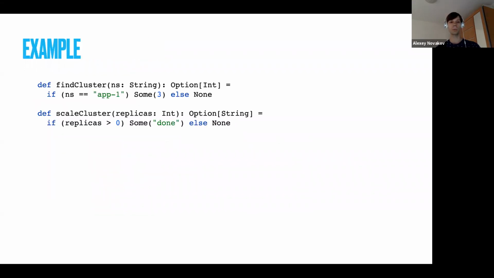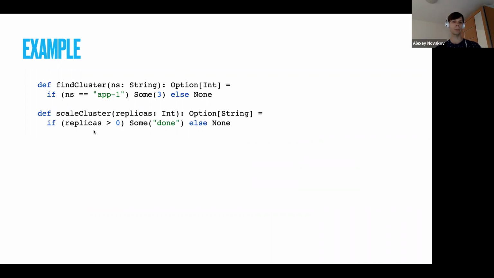So if we look at an example, how can we use this right now? Imagine we have two functions with a similar signature to what we've seen before, with hard-coded bodies for simplicity. One function wants to find the cluster by namespace and return maybe the number of replicas.